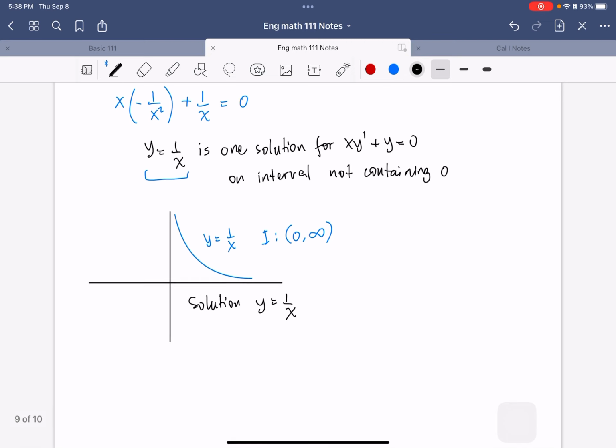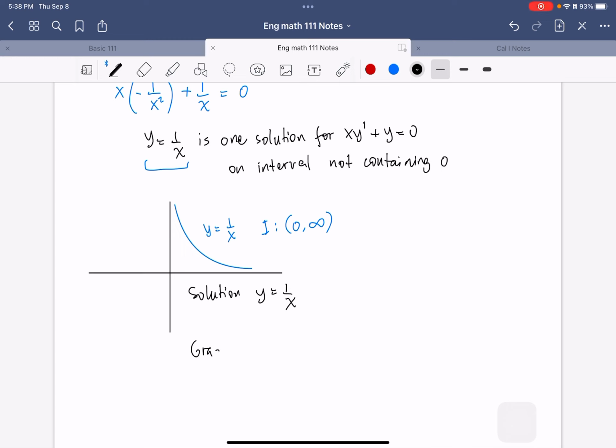So the graph, let me write. The graph of a solution, because before I was writing psi for the functions, let me write for functions psi of an ODE, ordinary differential equation, is called the solution curve.